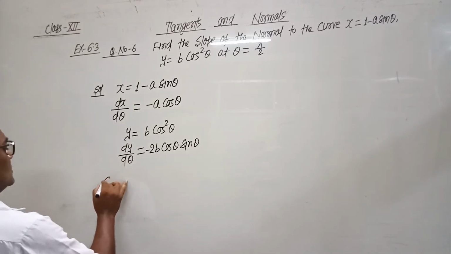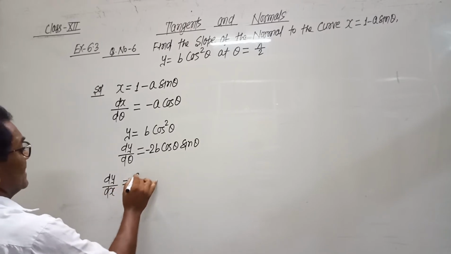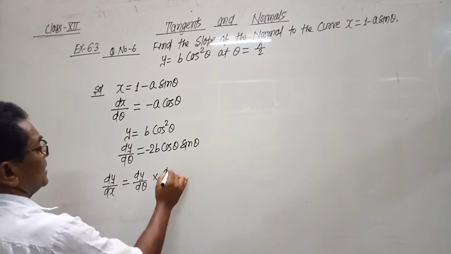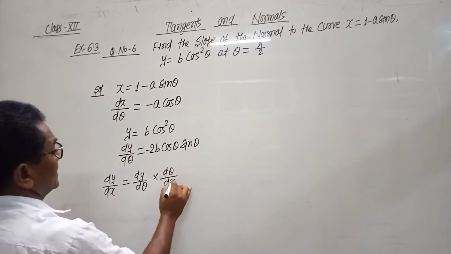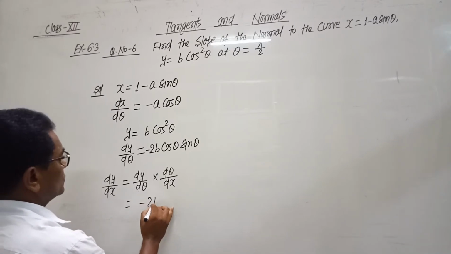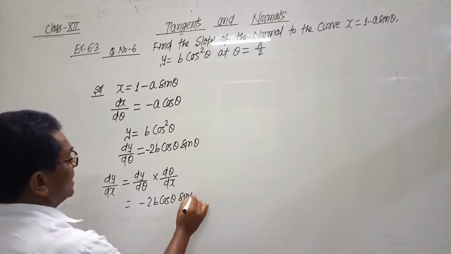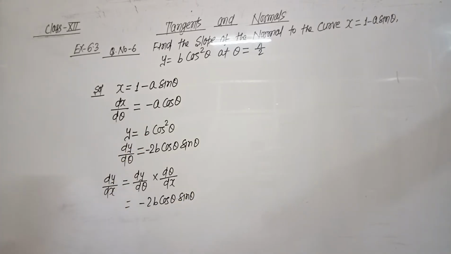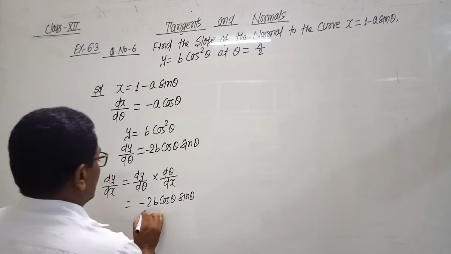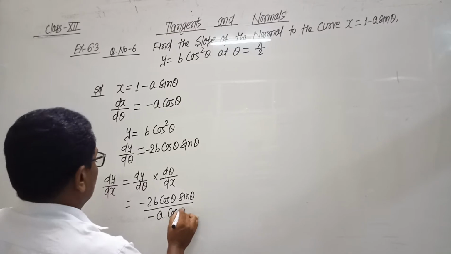Then we calculate dy by dx. dy by dx is written as dy by d theta into d theta by dx. The value of dy by d theta is minus 2b cos theta into sin theta, and the value of dx by d theta is known, and d theta by dx will become its reciprocal, so 1 upon minus a cos theta.